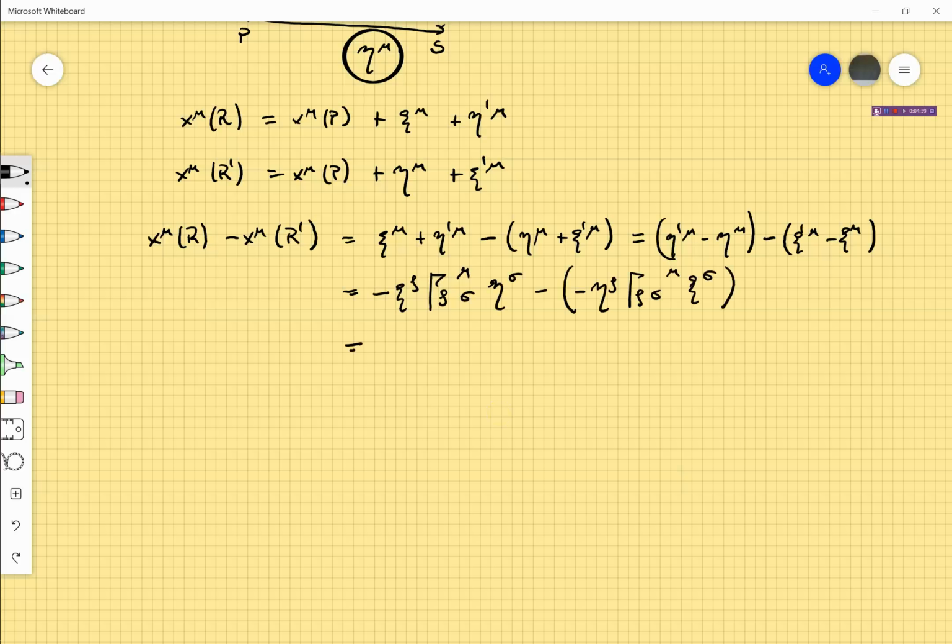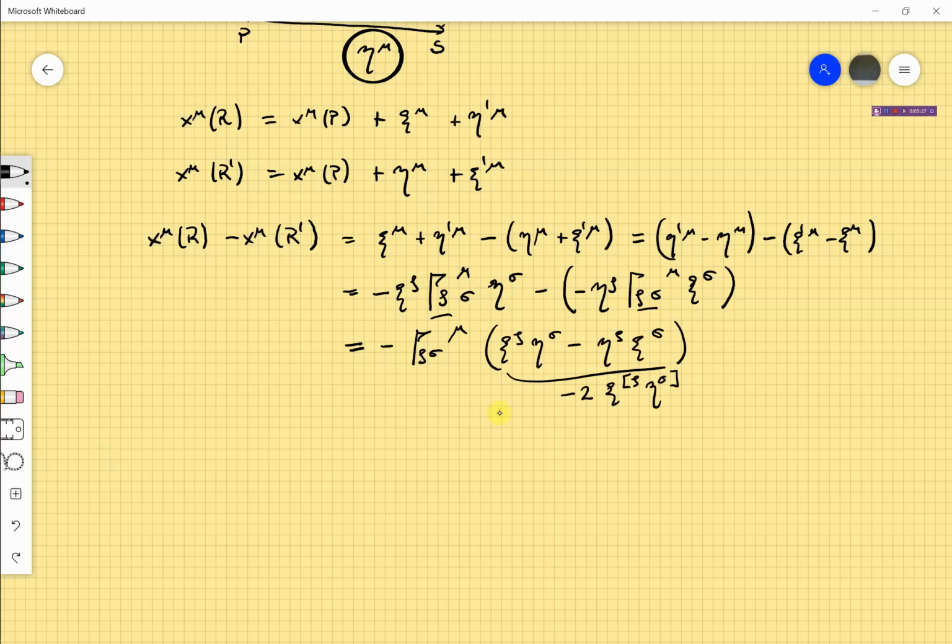Since we have gamma and gamma, we can write this as gamma rho sigma mu, psi rho eta sigma minus eta rho psi sigma. Okay, this is just minus 2 times psi rho eta sigma antisymmetrized.